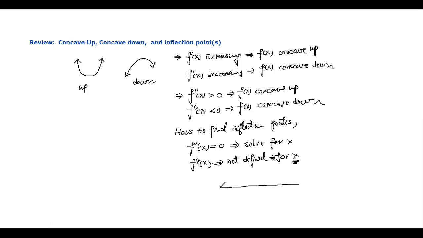Then you put those x values into a number line. So for example, it's A, B, C, D, and then you find f double prime x to see if it's positive, negative, negative, positive, something like that.